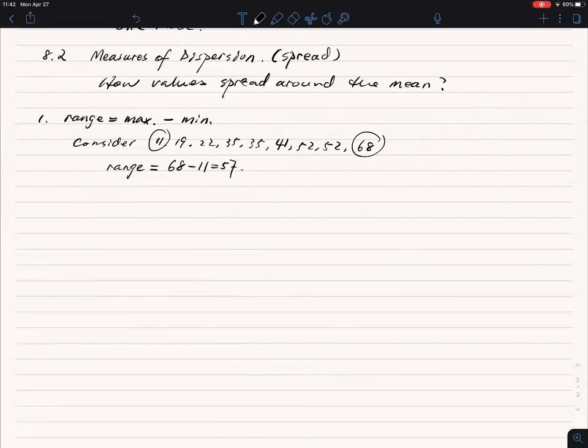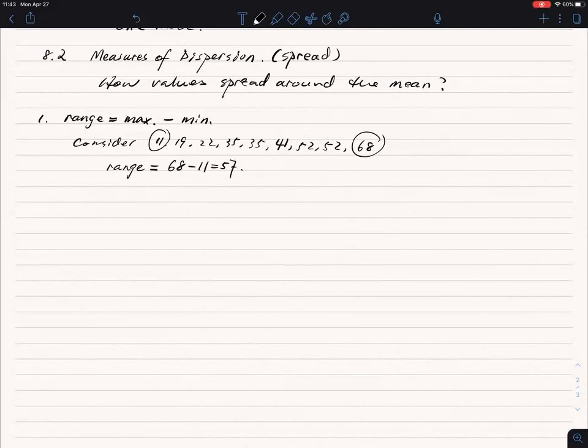That gives you 57. What does it tell you? It tells you that our numbers go from 11 to 68, and the difference between the minimum and the maximum is 57. So all the other values fall between 11 and 68 over a distance of 57.